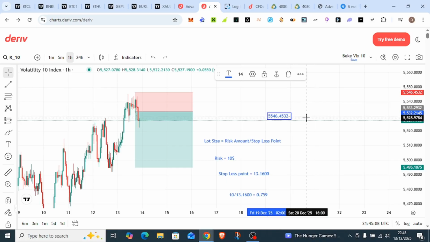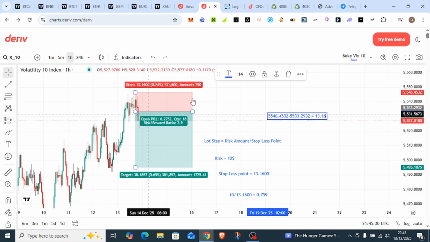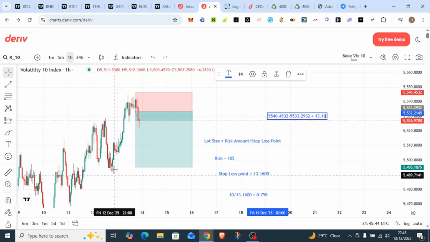This will give us 13.16. So this is how to get the stop loss point. If you are shorting, you subtract the entry price from the stop loss price, and if you are longing, you subtract the stop loss price from the entry price.